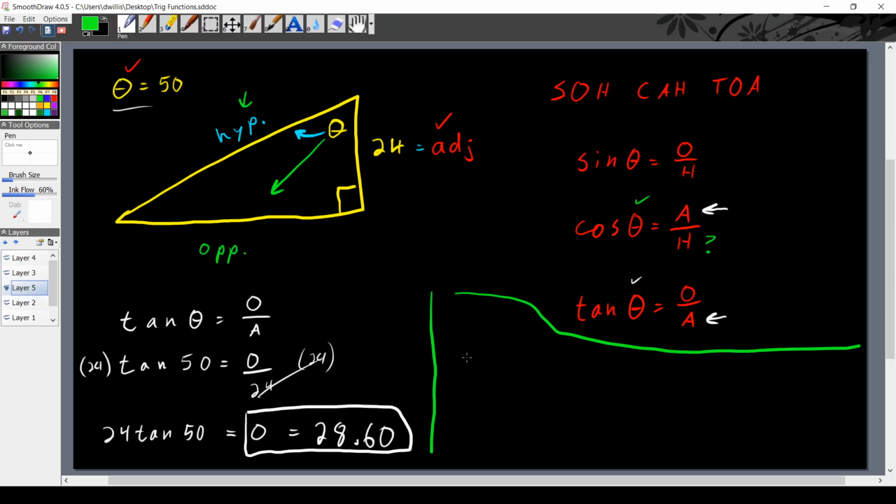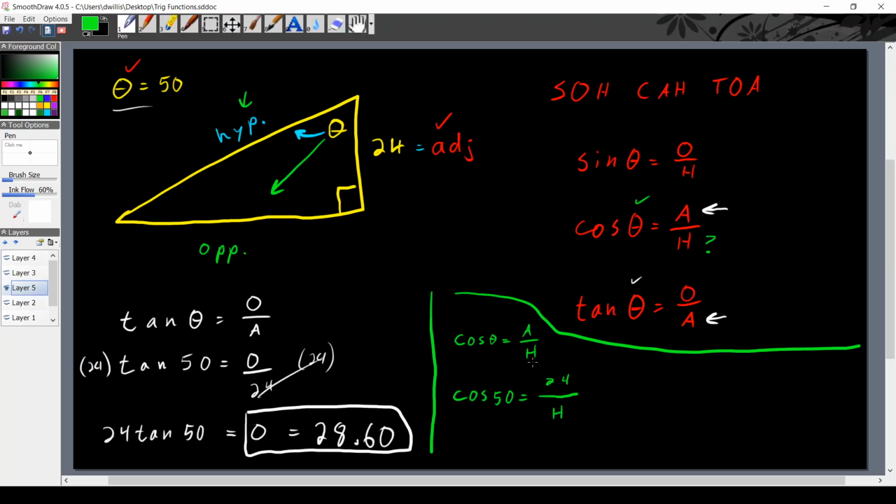I'm going to say cosine theta is equal to the adjacent divided by the hypotenuse. I'm going to rewrite that. Cosine of 50 is equal to the adjacent side, which is 24, divided by the hypotenuse, which I'm going to leave as h.